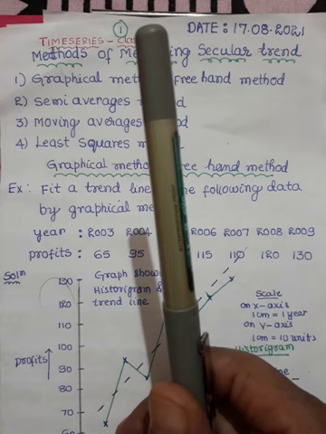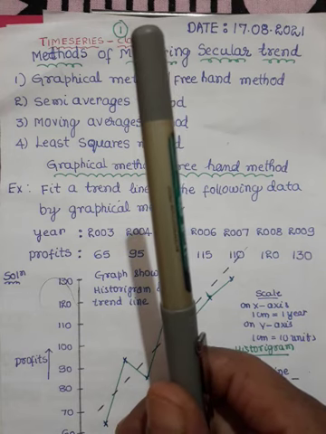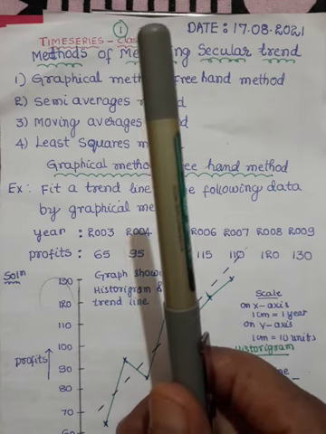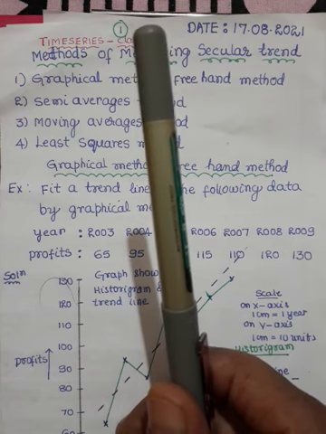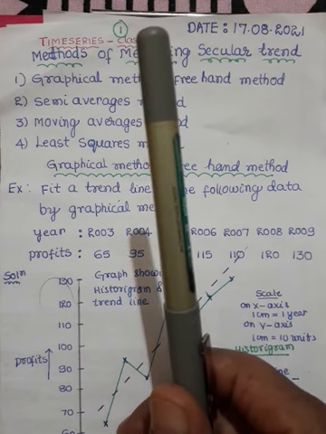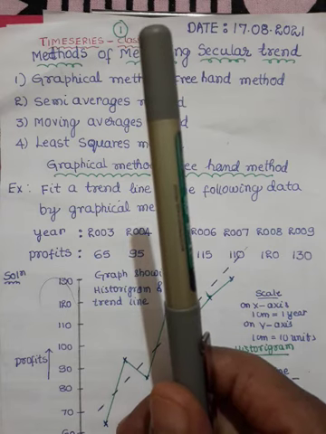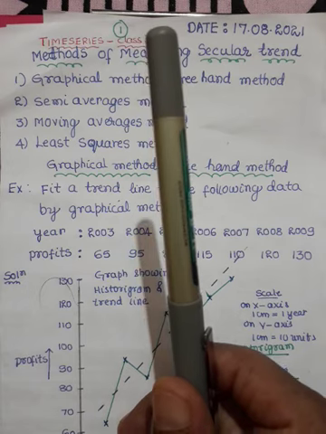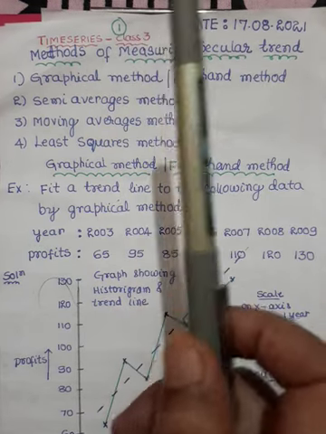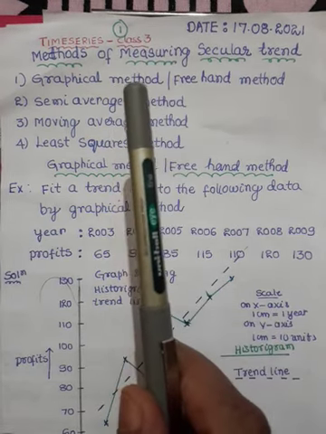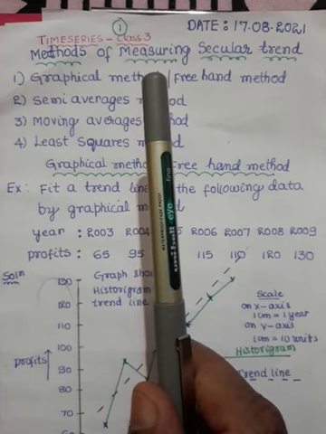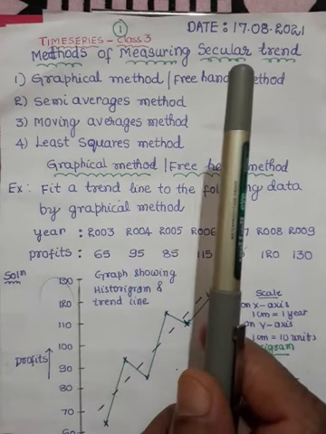Number 1, secular trend. Number 2, seasonal variations. Number 3, cyclical variations. Number 4, irregular variations. Today, in class 3, we shall discuss the methods of measuring secular trend.